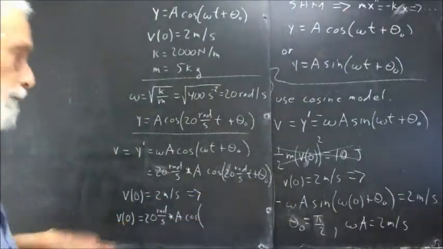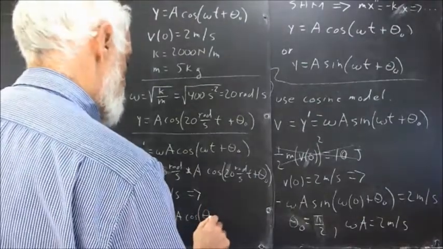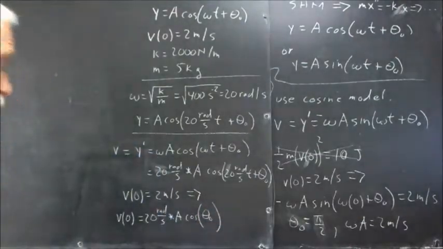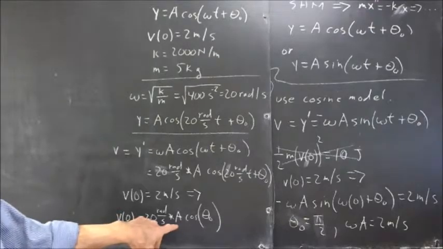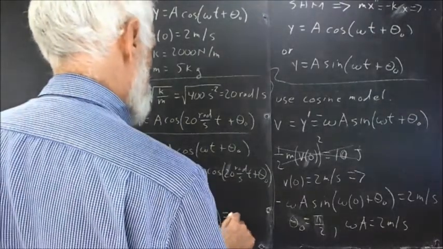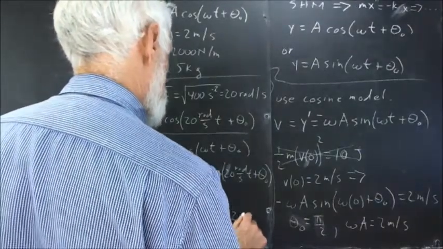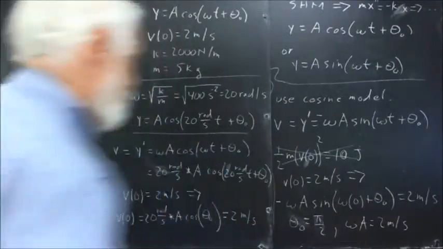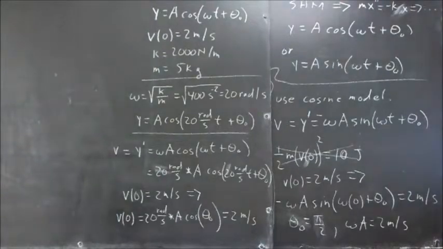Well, t is 0, so that's going to be theta naught. So v of 0 is 20 radians per second times A times the cosine of theta naught, and that's going to equal 2 meters per second. And I've got a bonehead error there.